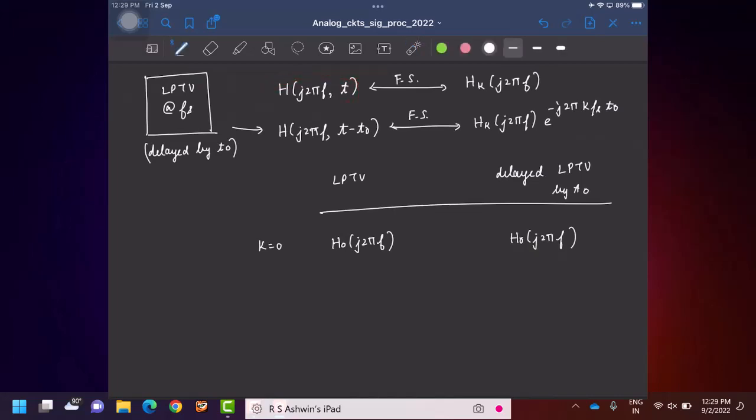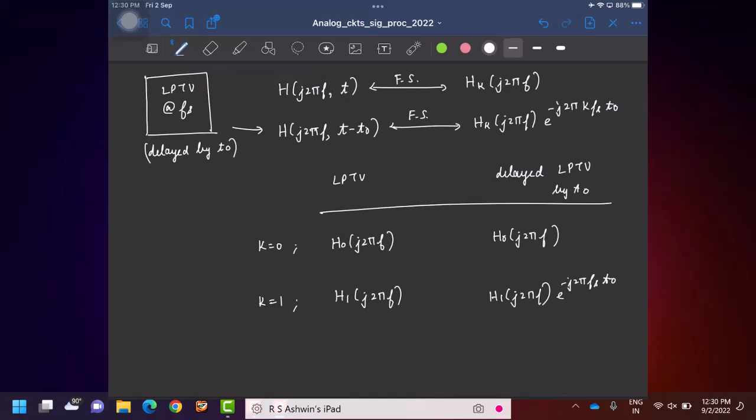Straightforward. Now let us look at k equal to 1. Here you will have h1 of j 2 pi f. What will we have here? h1 of j 2 pi f times e power minus j 2 pi k times fs, k is 1, so fs times T0.